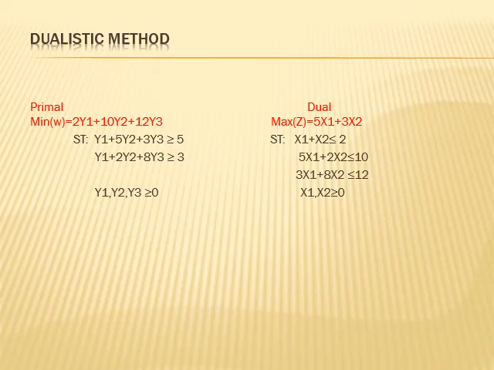Now, since we have 3 decision variables, the non-negativity condition represents these 3 variables: y1, y2, y3 should be more than or equal to 0.